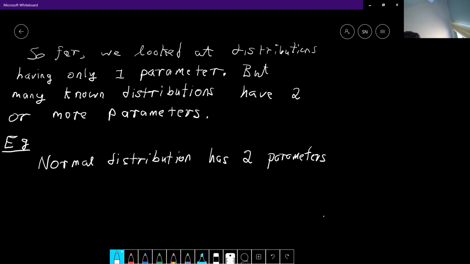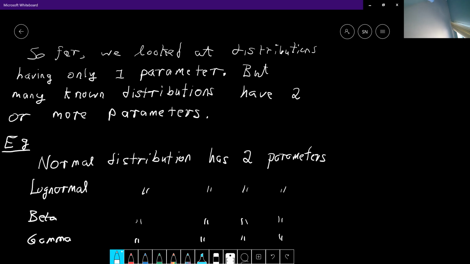And the log normal distribution also has two parameters, right? The beta distribution, which we did not talk about, I think it's in the handout I gave you. It also has two parameters. The gamma distribution, which is also in the handout I gave you, has two parameters.